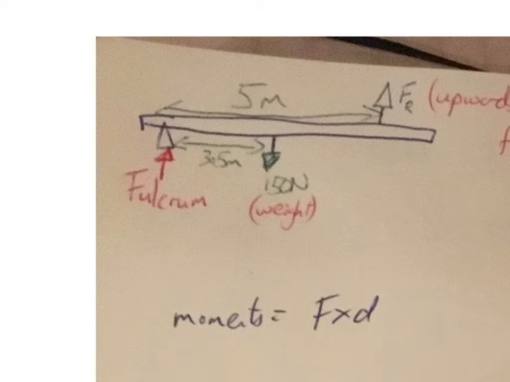I put that down as 150 newtons, because I multiplied the mass which we're given, which is 15 kilograms, by acceleration due to gravity, which is 9.81 on the course, and I did a sneaky shortcut here. I multiplied it by 10 without really thinking. So I got 150 newtons.